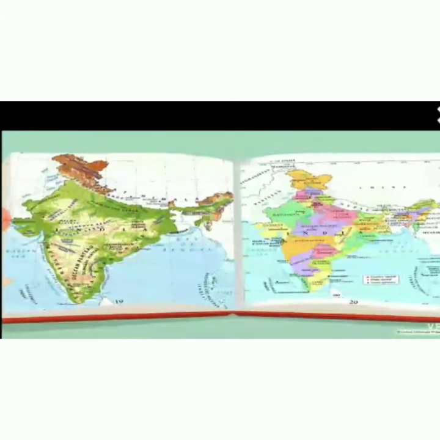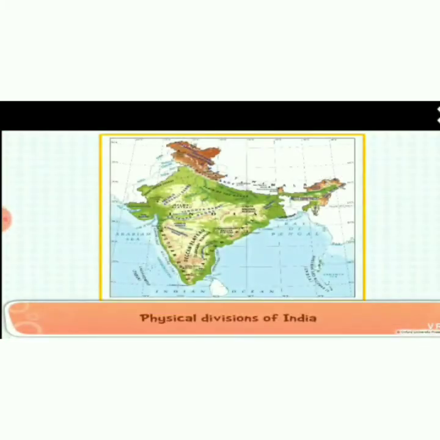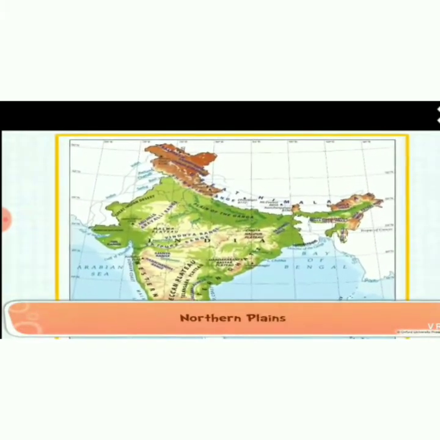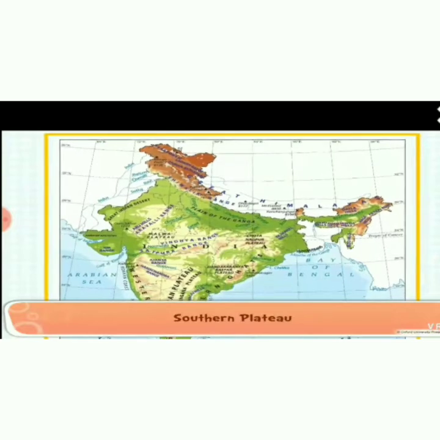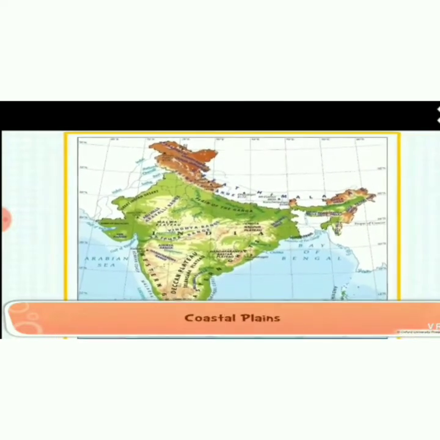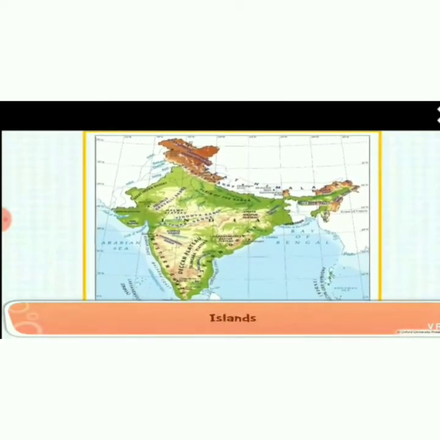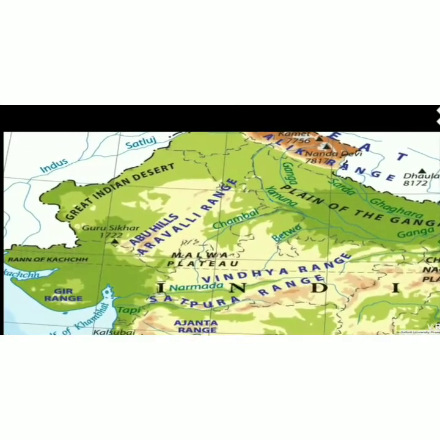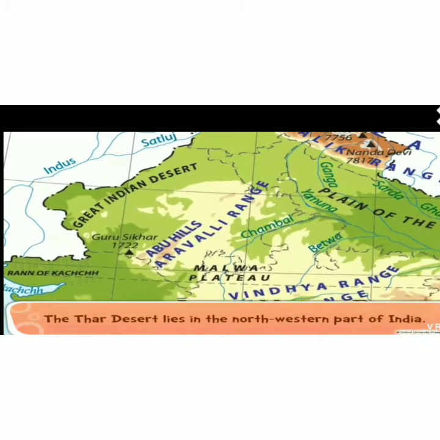India has many landforms. The main physical divisions of India are Northern Mountains, Northern Plains, Great Indian Desert, Southern Plateau, Coastal Plains, Islands. Some parts of India are not very fertile, like the Great Indian Desert or the Thar Desert.